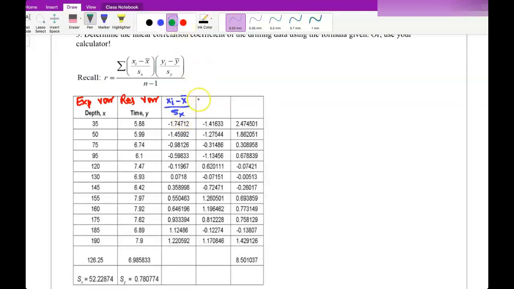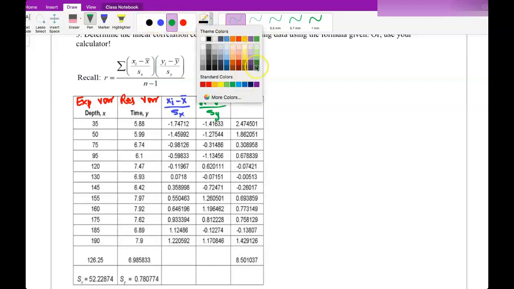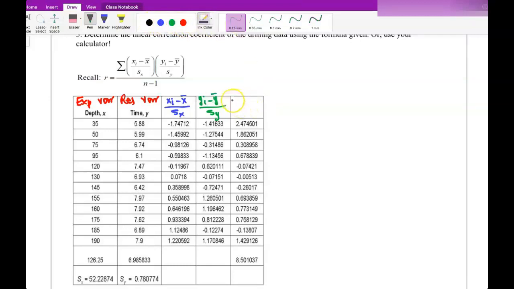And here is y i minus y bar divided by s, the sample standard deviation for the response variable. And what this one is, is what we have on top. So this is the multiplication of these two, multiplying these two.